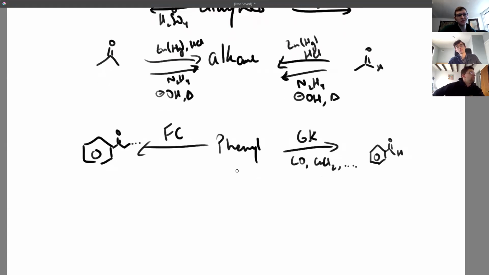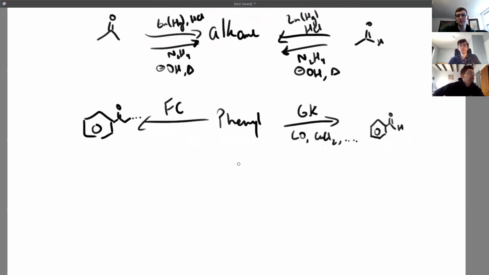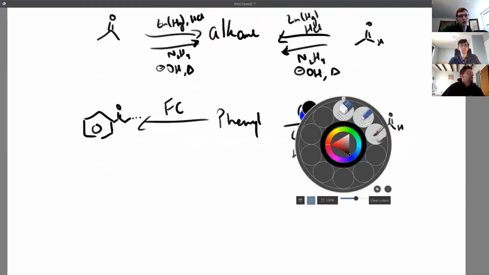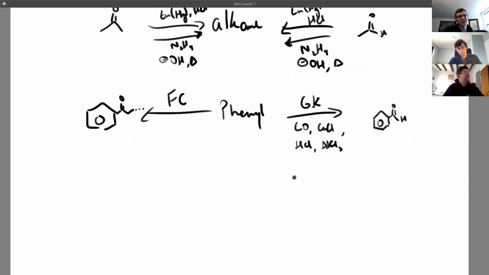And Adam, for the Gattermann-Koch, it's HCl. You let that happen to form a weird compound, then you put in AlCl3 and CuCl. Okay, so we got the right list of reagents. It's a long list.